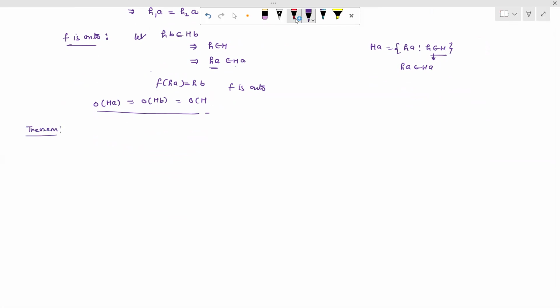The theorem statement is: prove that two right cosets are either disjoint or identical.